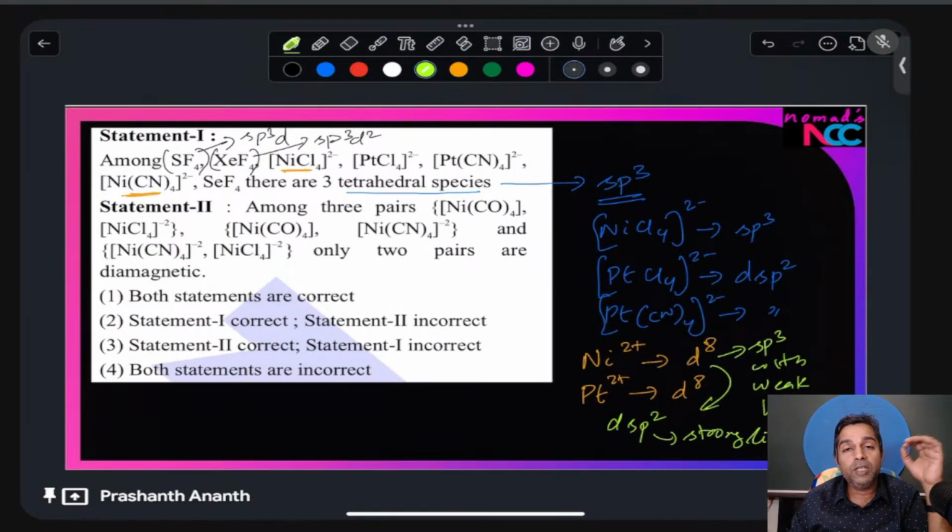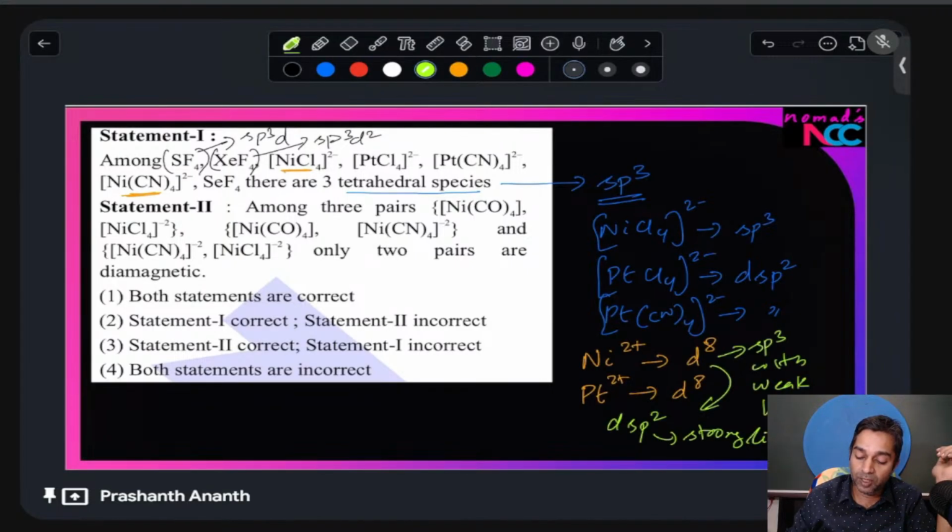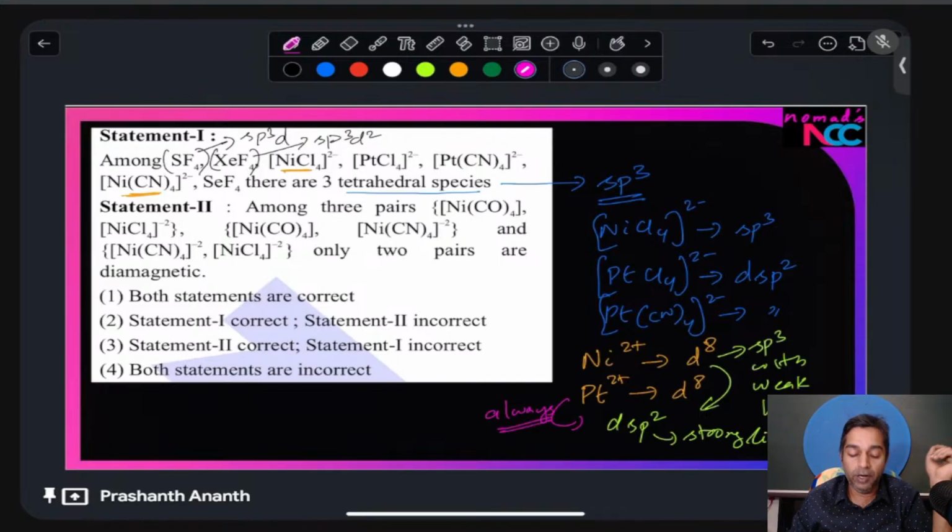Whereas platinum 2+ will only form proper dsp2 complexes, whether the ligand is strong or weak. So platinum 2+ is always dsp2 if it has coordination number 4.